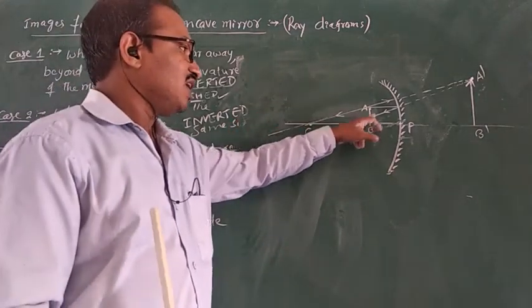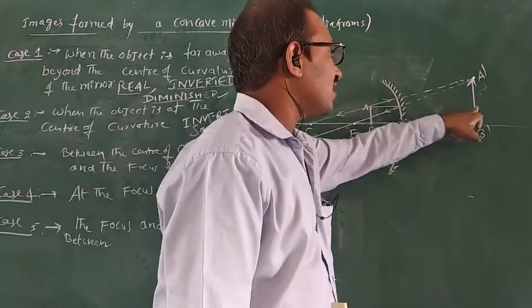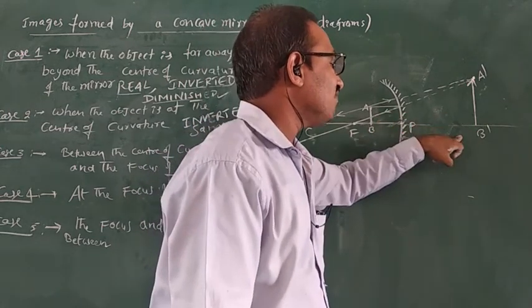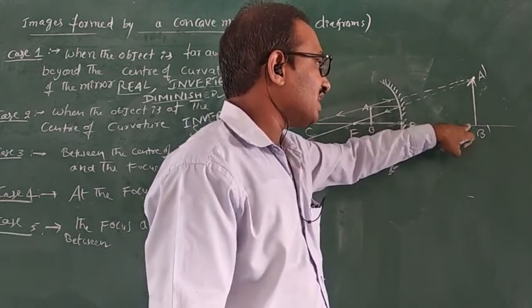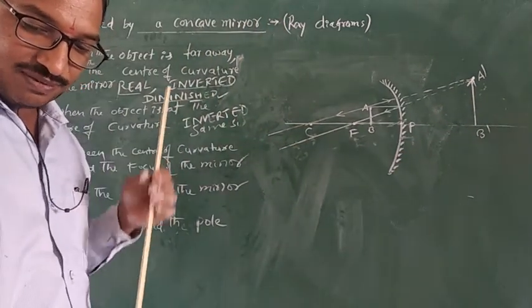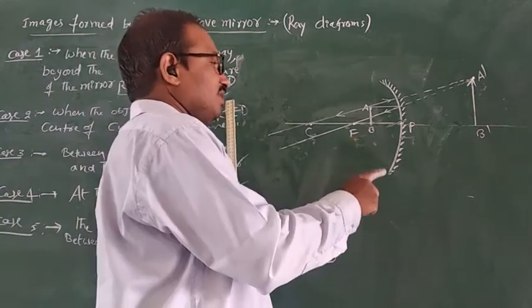A virtual image means the image we can't get on the screen; in the mirror itself we can see it. That is why it is an erect, enlarged, and virtual image.